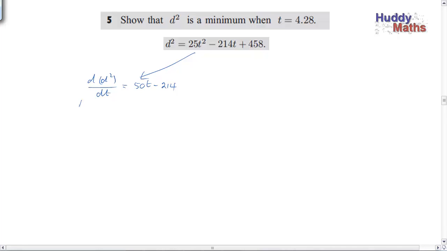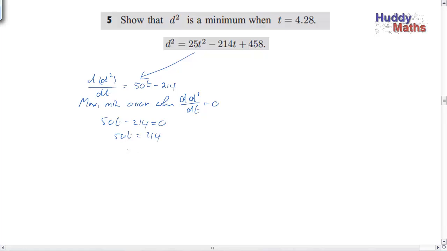And then we can say max or min occur when the derivative is 0. So let's put this equal to 0, and we get 50t equals 214.